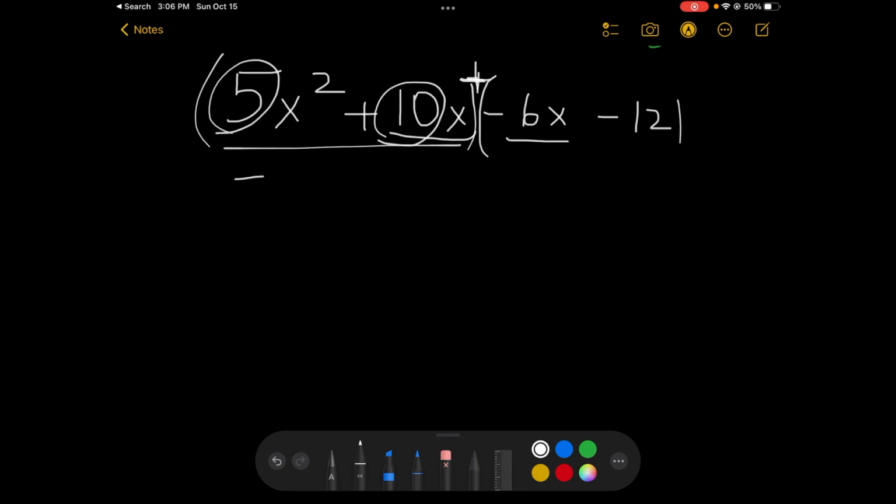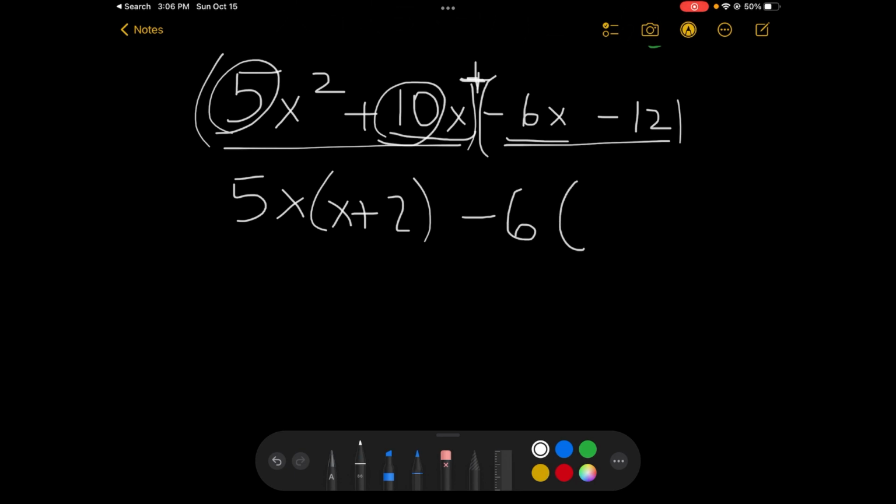So in this half, we can take out a 5x, leaving x plus 2. And in this half, we can take out a negative 6 and leave us with x plus 2. Now once again, x plus 2 is common to both sides.